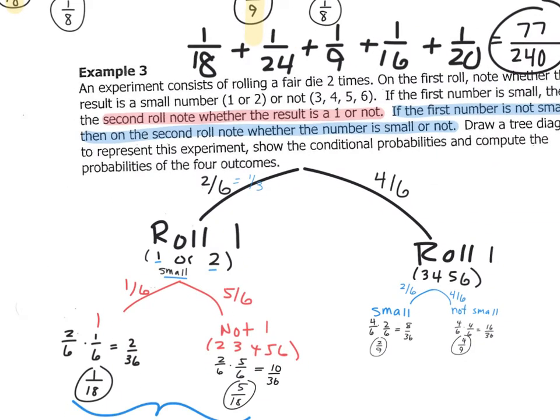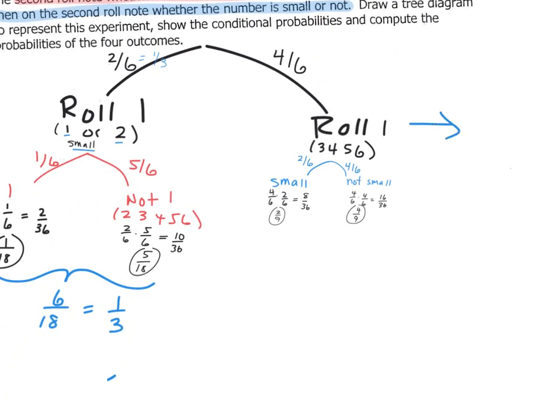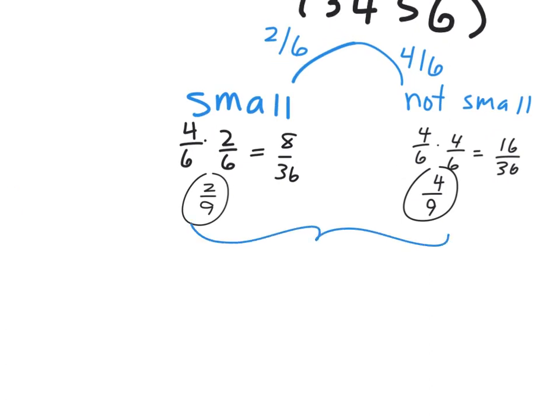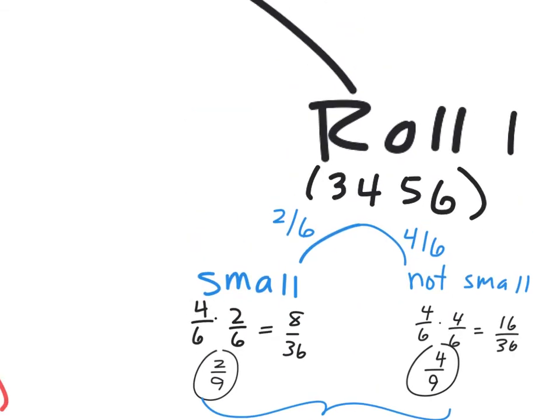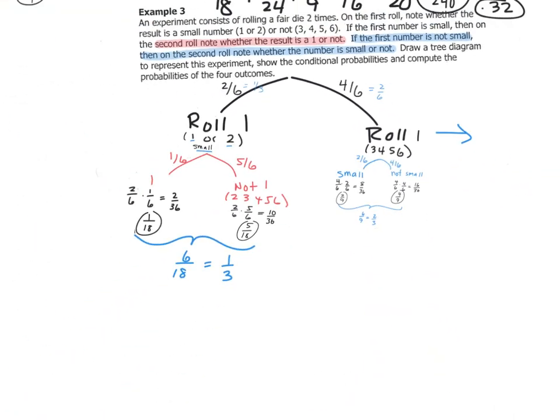So if those match, you're doing good. And then over here, we had a 4/6 chance of anything on this side occurring. And if I add these together, I get 6/9ths, which again reduces to 2/3, as does 4/6. Just another way to check your work.